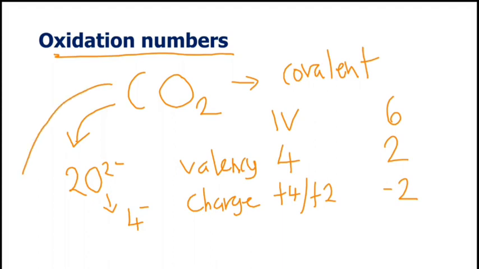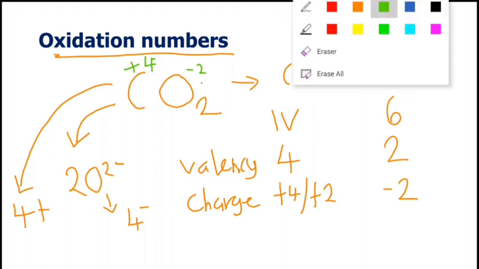So the carbon has to balance these 4 negatives by becoming 4+. So in this case, the oxidation number for carbon should be +4, and that of an oxygen is -2. But since there are 2 of them, 2 times -2 becomes -4. That's basically the idea of how to do it.